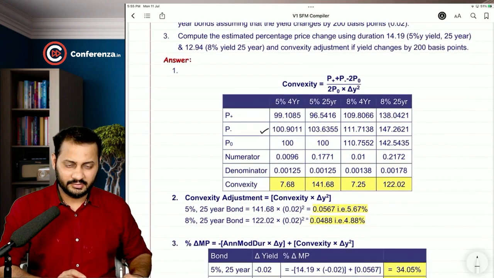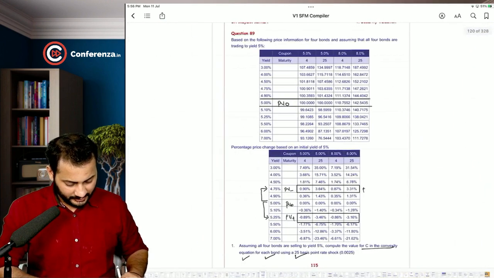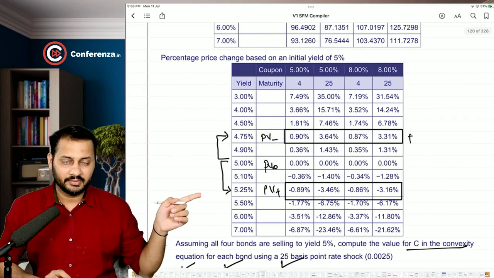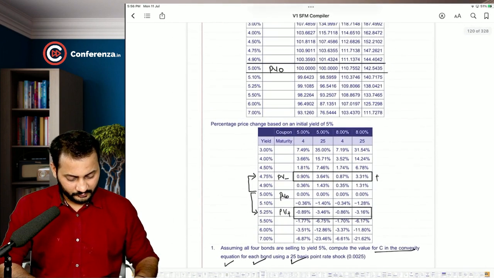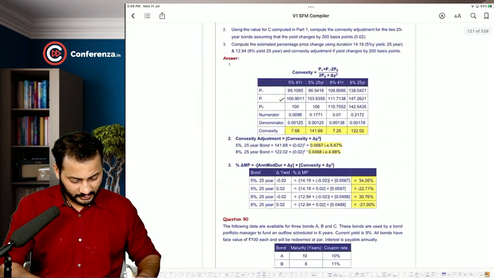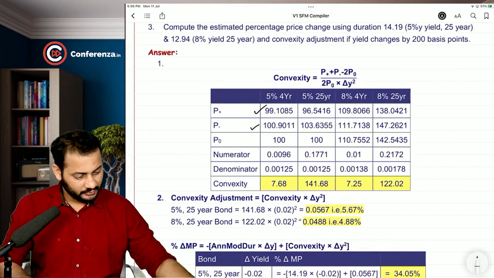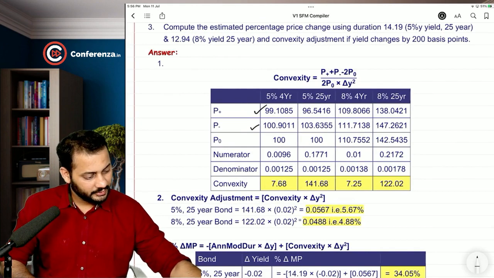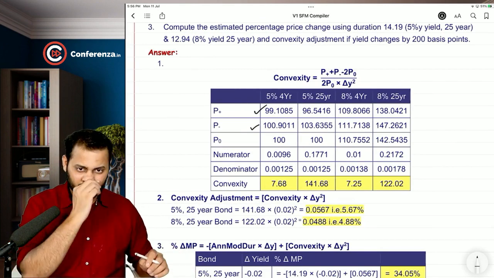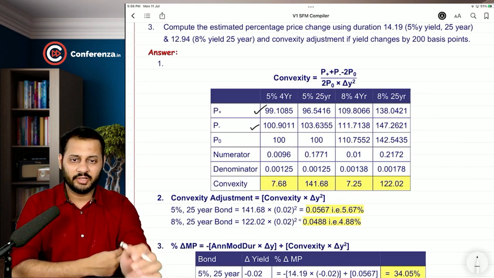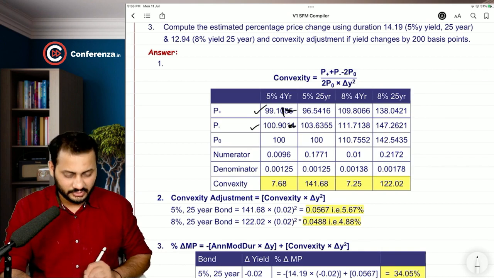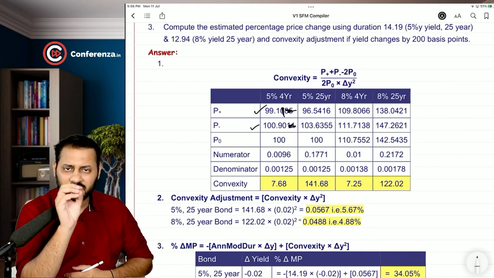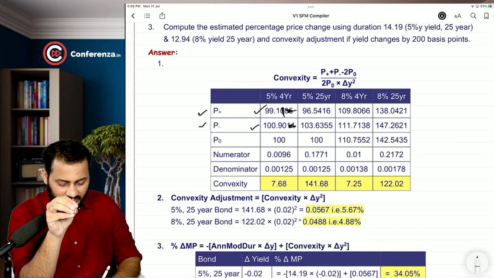And in the same manner, 100 minus 0.89% will be 99.11. I don't know why they have taken it to four decimals. They can just round it off to 99.11 and 100.90, etc. In this manner, just add and deduct those percentages. You will get these three figures.